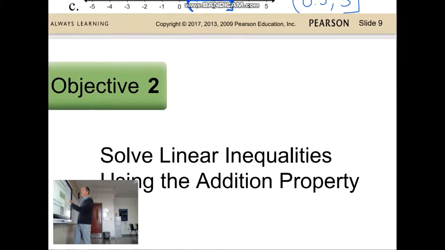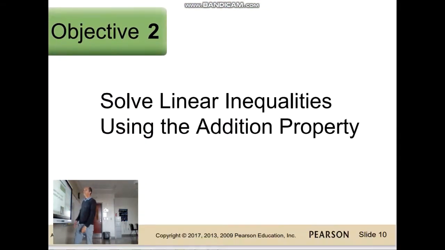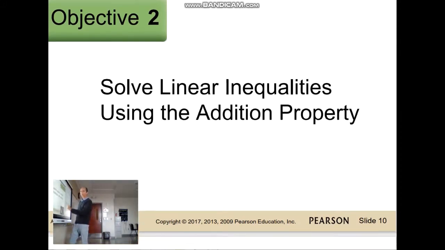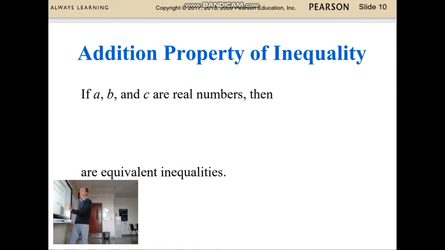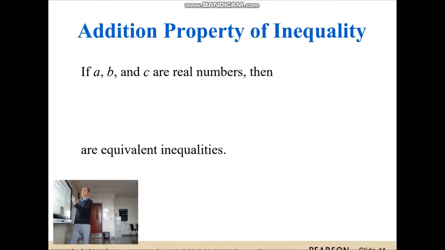Moving on to the next objective, number 2: solve linear inequalities using the addition property. You might remember the addition property of equality, and we also have the addition property of inequality. It's very similar.